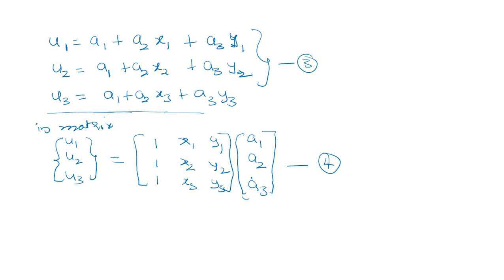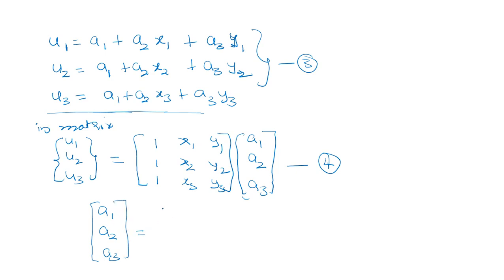This is the same as the equations above; we are just rearranging them in matrix form. What we need is to calculate a1, a2, a3, meaning the polynomial coefficients or constants.